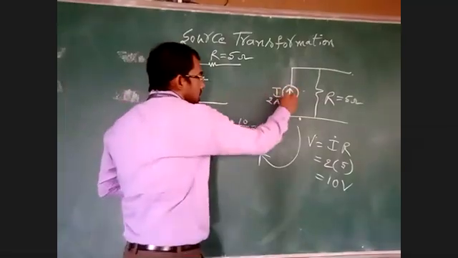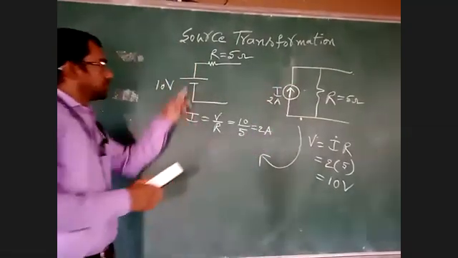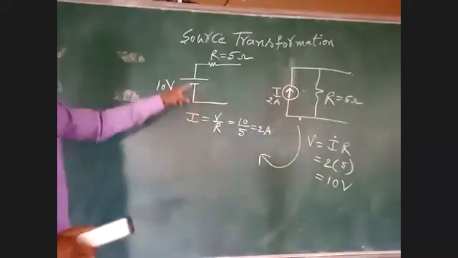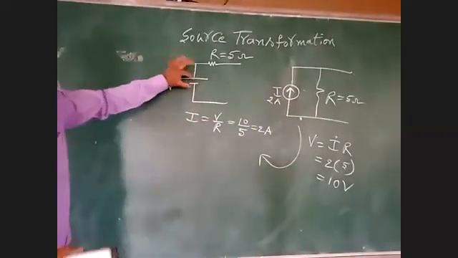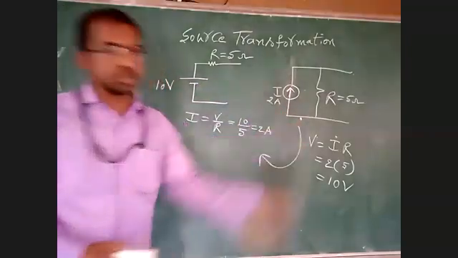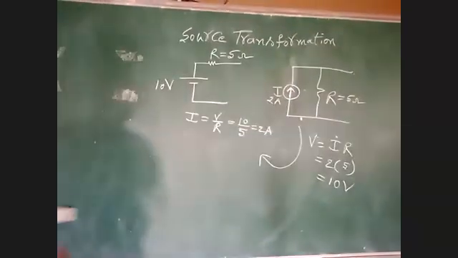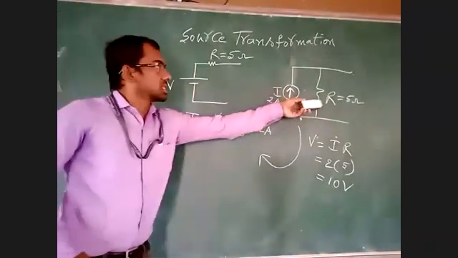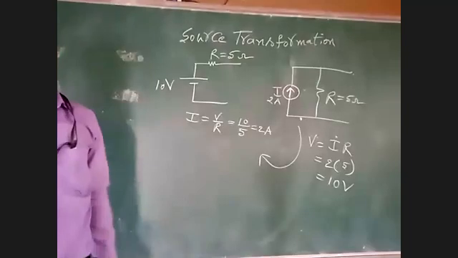That's why the arrow is placed in the upward direction. Suppose if these terminals are interchanged, this arrow will come down. If we interchange these two terminals, we have to place the arrow in the downward direction. Okay. Now 10 volts I am connecting here. Whatever the resistance here, the same resistance I am connecting, 5 volts.